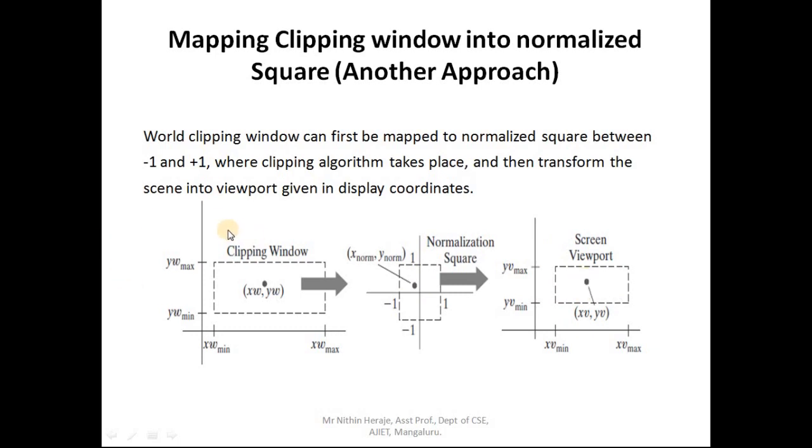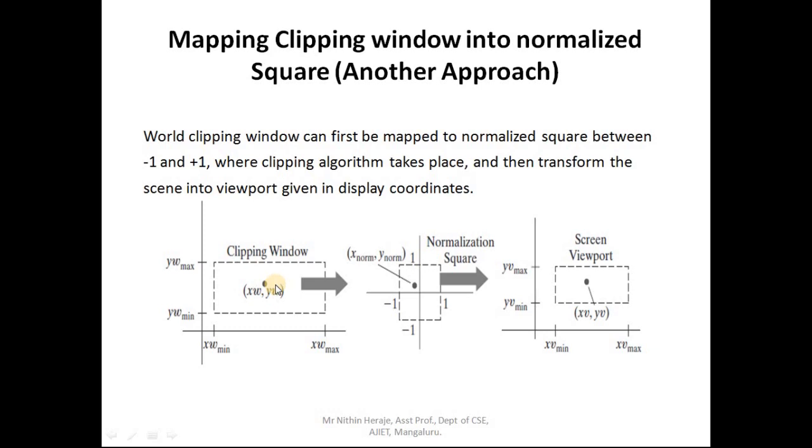All right, so if you look at this again, you have a window like this, that is the clipping window in the world coordinates. So here the vertical length is yw min to yw max, and the horizontal is from xw min to xw max, and you can see a point here where the position, the xy coordinate, is xw and yw.